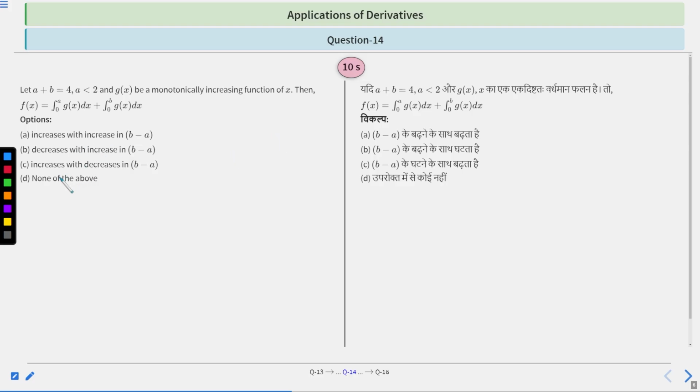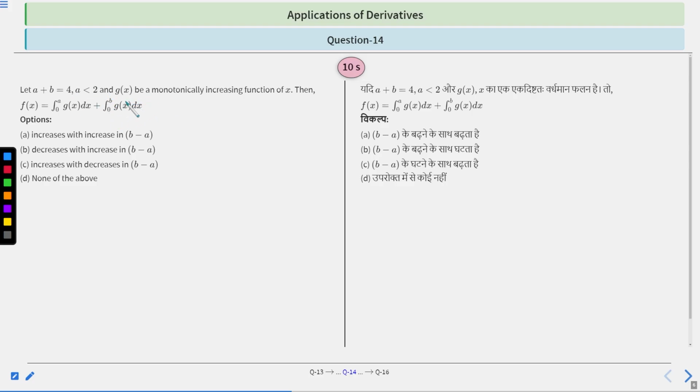Now see, we have to discuss the increasing and decreasing of the function f(x), right? Therefore, f dash x can be found by taking derivative of f(x) on left hand side and right hand side, clear? After we take the derivative, we will see whether f dash x is greater than 0 or less than 0 by using these conditions, that is a plus b equal to 4 and a less than 2.